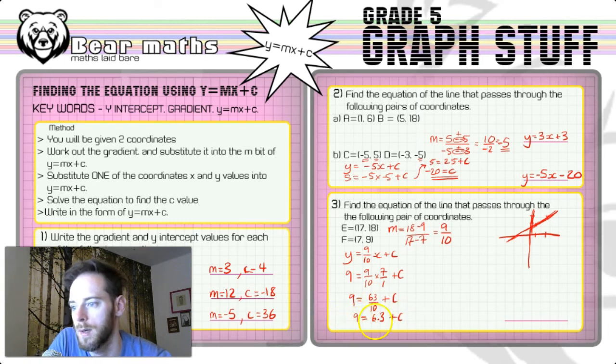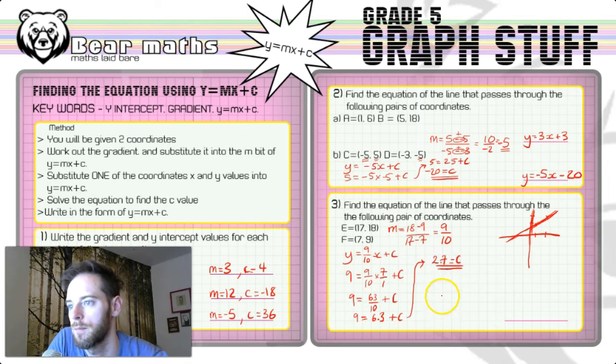You could do it that way, or you could just still deal with the fractions. I think taking away 6.3 from 9 is probably a bit easier. It's 2.7, isn't it? So let's stick with the decimal way of doing things, but you could deal with fractions. So 9 minus the 6.3, 2.7 is what c equals.